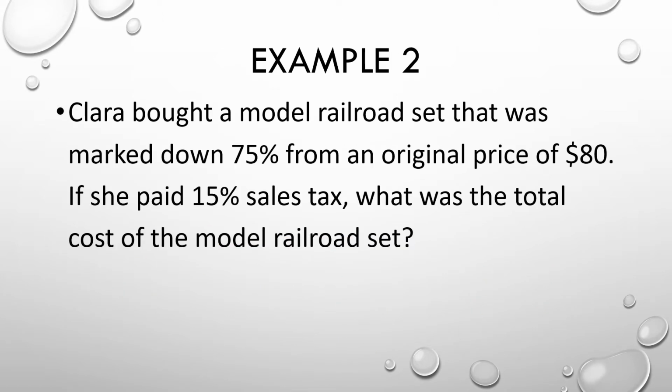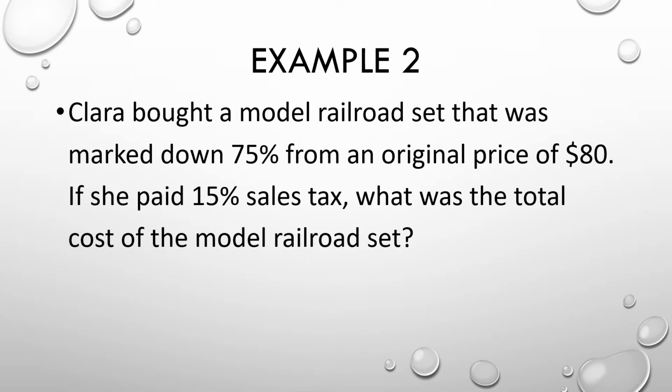Pause your video and try example 2. Clara bought a model railroad set that was marked down 75% from an original price of $80. If she paid 15% sales tax, what was the total cost of the model railroad set?